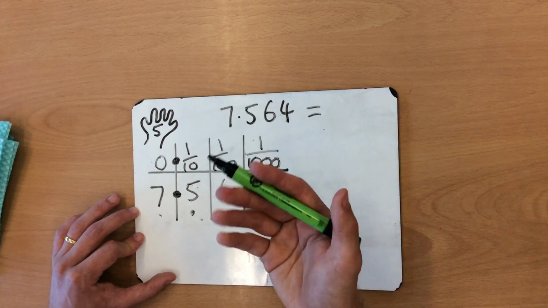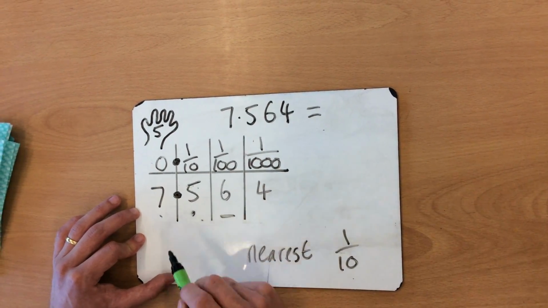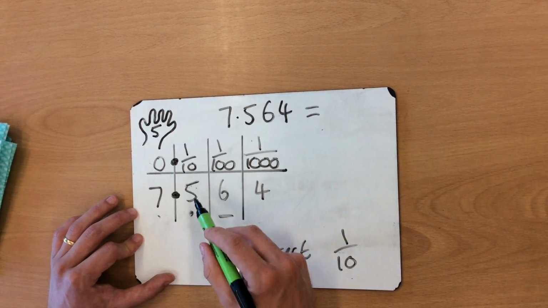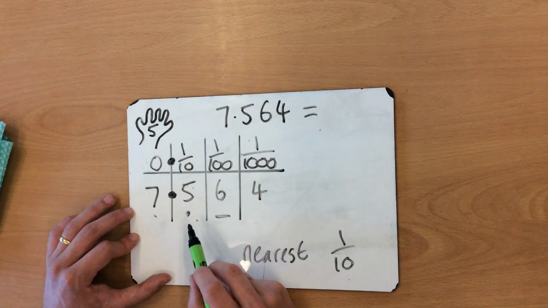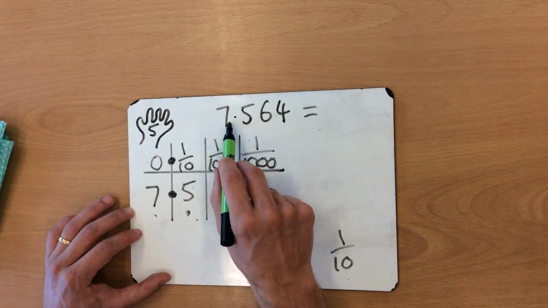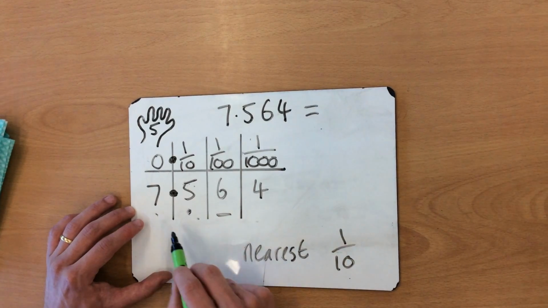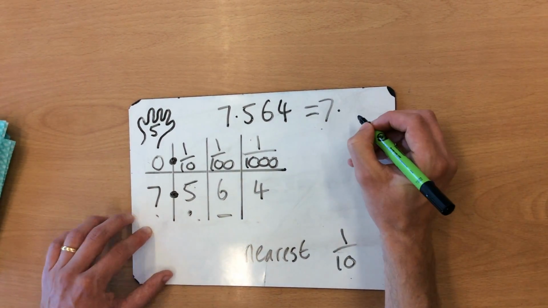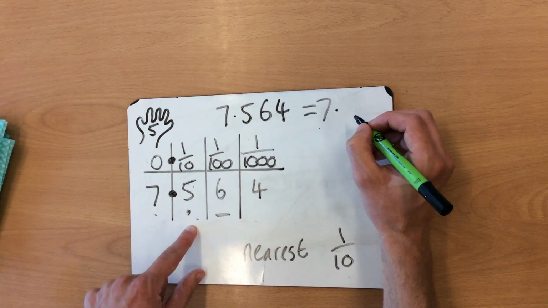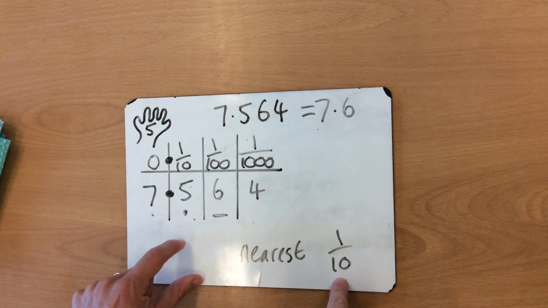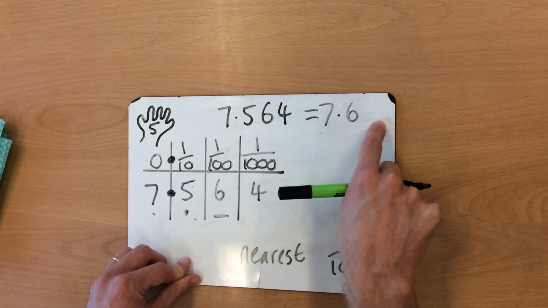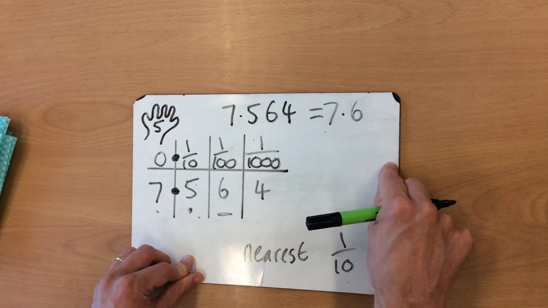That's right, we're rounding up. So, my 5, is that going to stay the same, or am I going to round it up to 6? Yes, I'm going to round it up to 6. So my answer of 7.564 to the nearest tenth, I'm still going to keep my 7, because I'm working with tenths, but instead of 5, I'm going to be putting 6. And because I want it to the nearest tenth, I don't need to worry about the rest of my decimal, I just need to work to the nearest tenth.